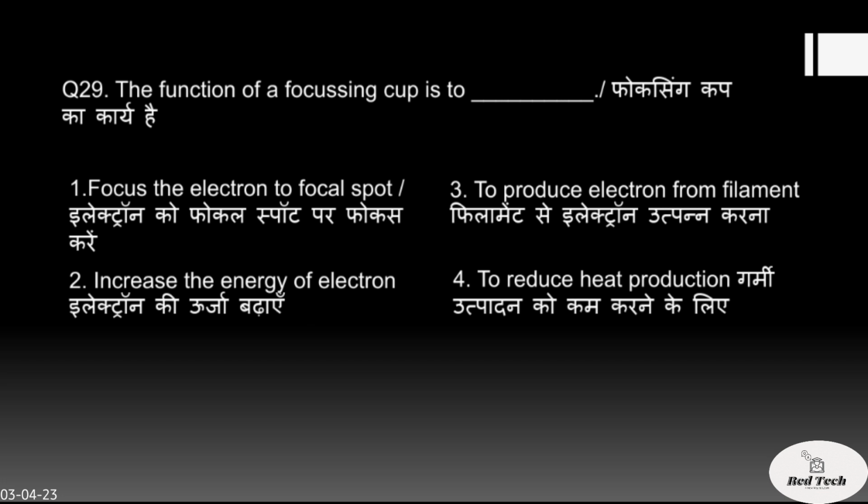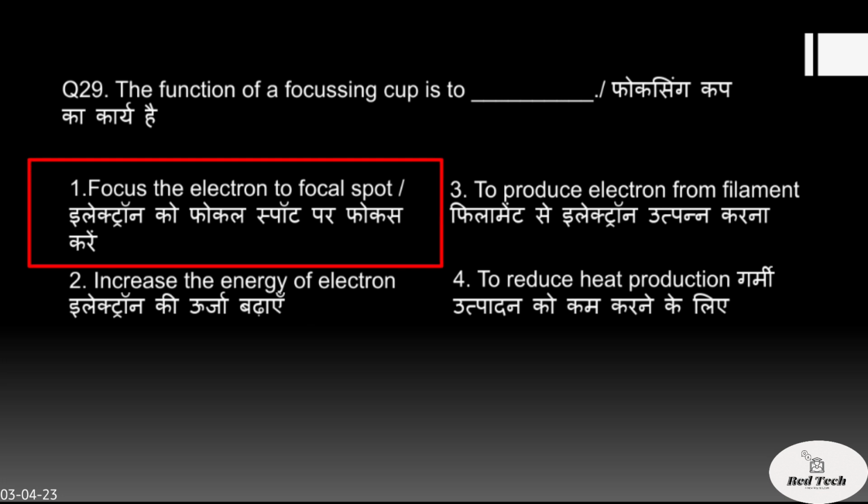As we go through the options one by one, option 4, to reduce heat production: no such material is available which works to reduce heat production. And option number 3, to produce electrons from the filament, is also not the function of the focusing cup, and neither is increasing the energy of electrons. So the remaining option is option number 1.